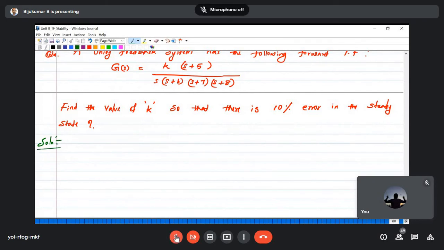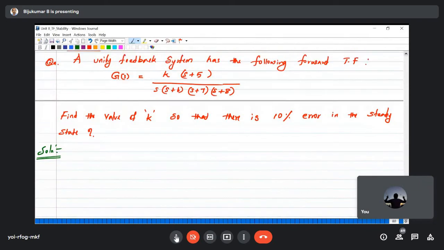We cannot tell any input from this. We will see. What is the type of the system? Type 1.